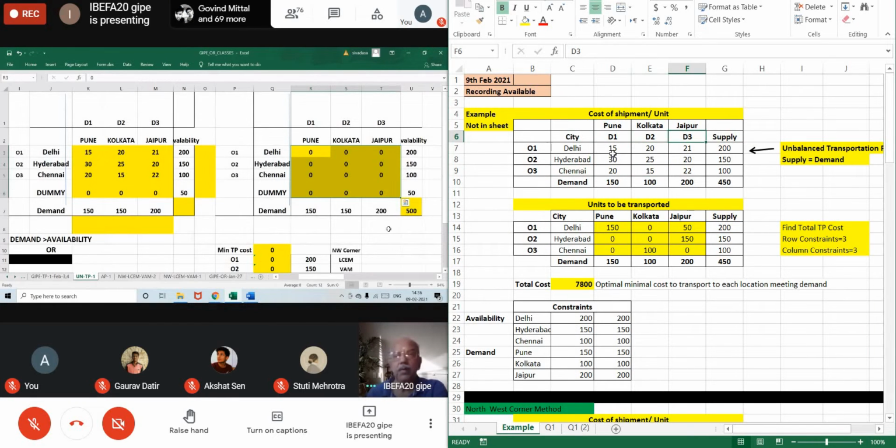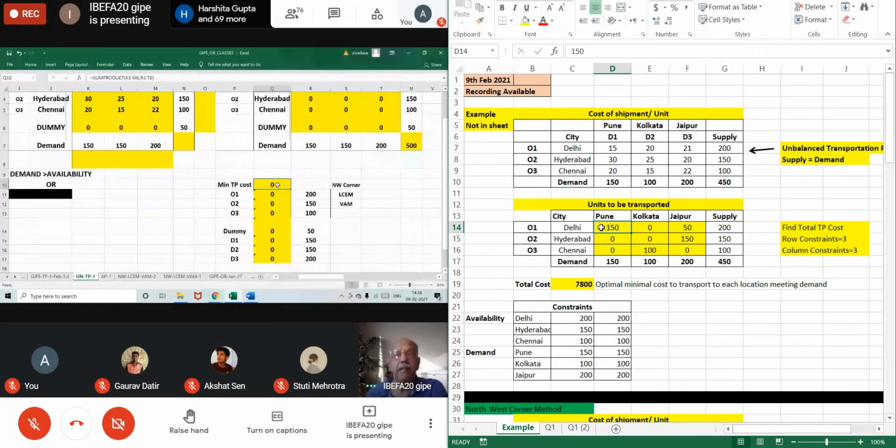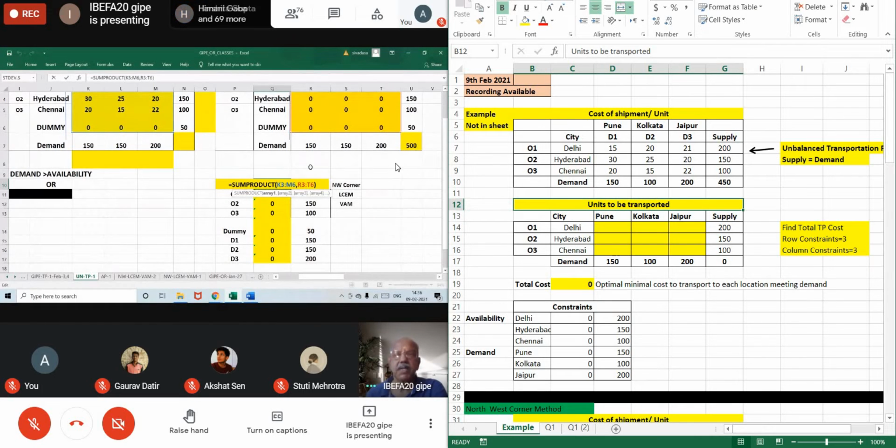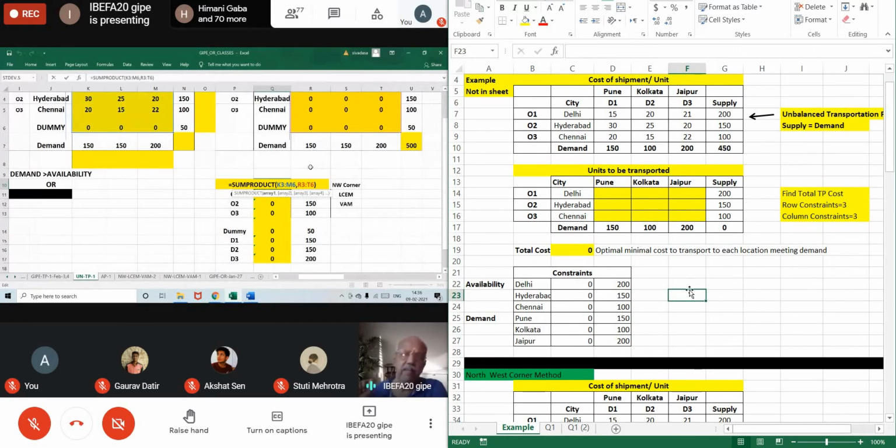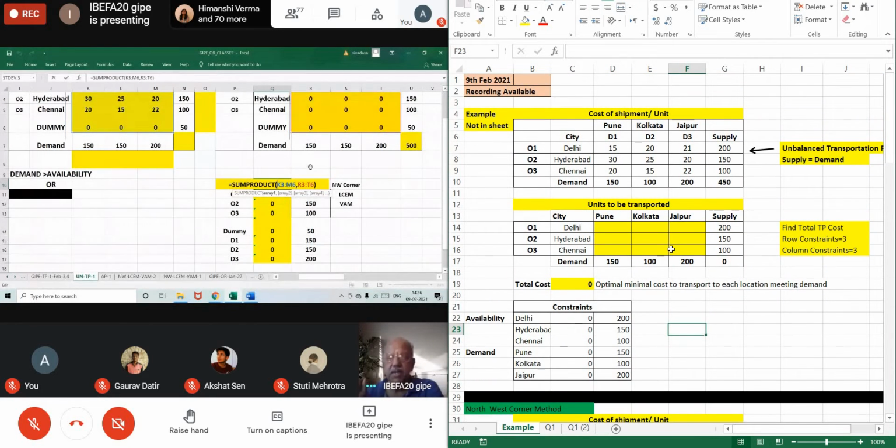So, the minimum cost will be the matrix multiplication of cost matrix and allocation matrix. Be careful about your cell references. For me, K3 to M6 will be the cost matrix. R3 to T6 will be my allocation matrix. Product and the sum is my initial value.